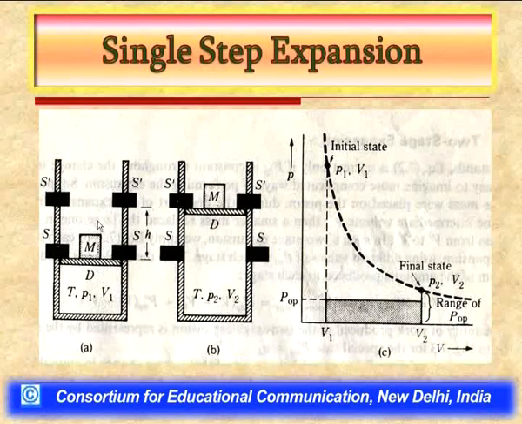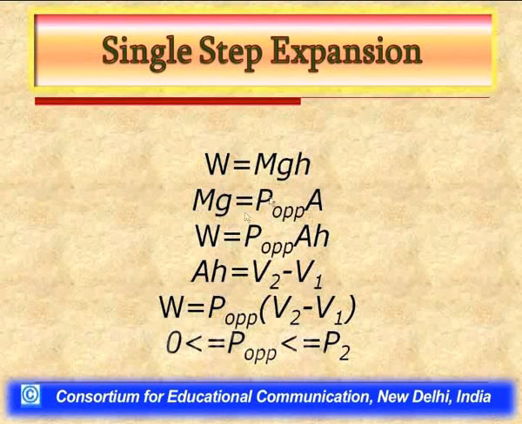Now, since this force is being applied on the piston which has an area of cross section A, we can say mg, the mass of the object multiplied with the acceleration due to gravity, equals the pressure times the area of cross section.